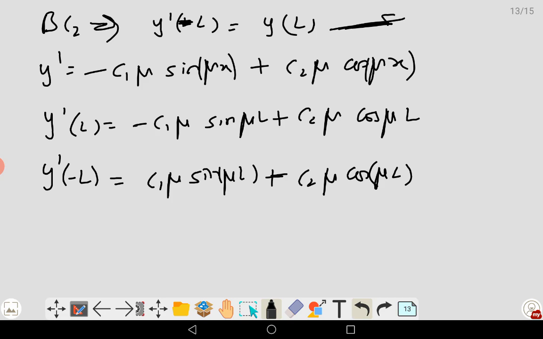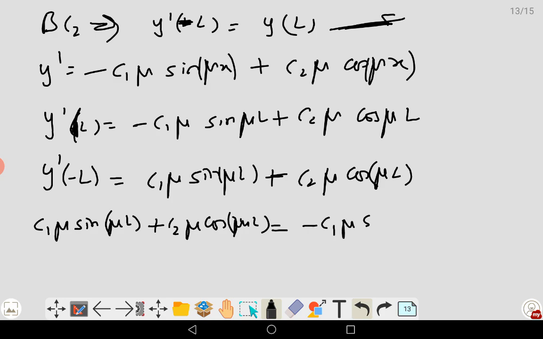So when you substitute this in this result, what do you get? Y prime of minus L is equal to y prime of L. C1 mu sin mu L plus C2 mu cosine mu L on the left side is equal to minus C1 mu sin mu L plus C2 mu cosine mu L. Further, you can say that this one and this one can be cancelled.